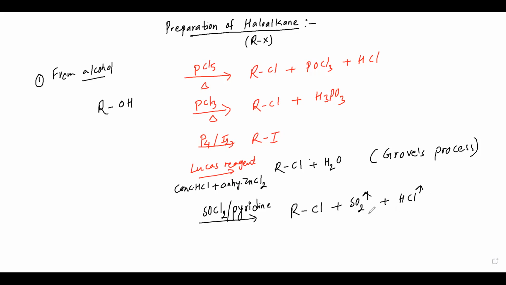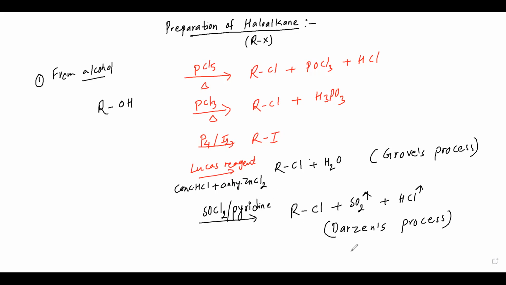Both byproducts are gases. This is the best method for preparation, because both sulfur dioxide and hydrogen chloride escape out, so the purity of haloalkanes is more. This process is also called Darzens process. So this is from alcohol.